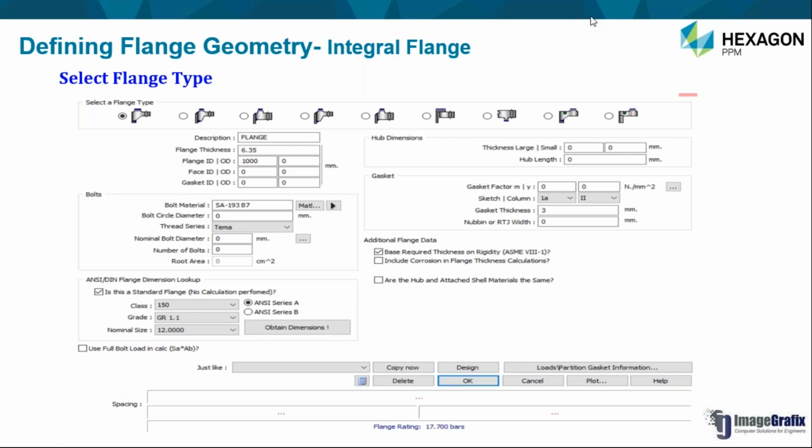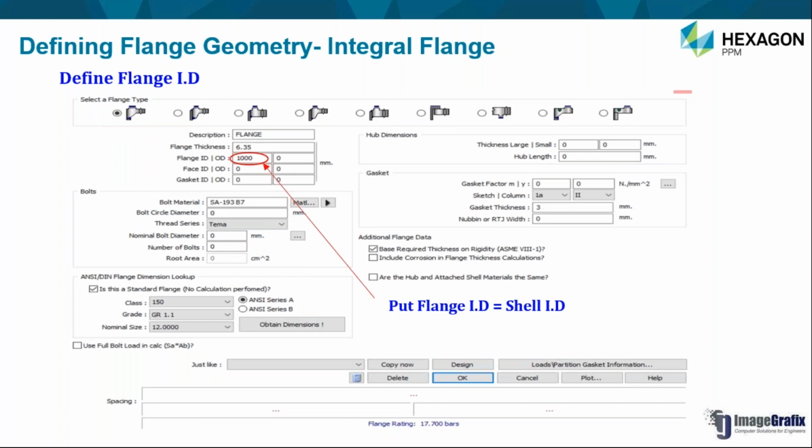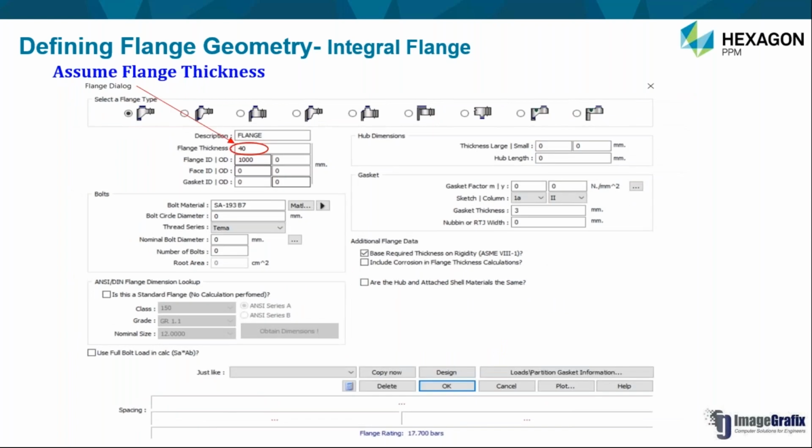Let's say we are designing the weld neck type of flange. First in PV Lid we have to select the flange type. Then the first fixed parameter is the inside diameter, so we enter the flange ID, which is exactly equal to the shell ID. Then the next thing is the flange thickness.